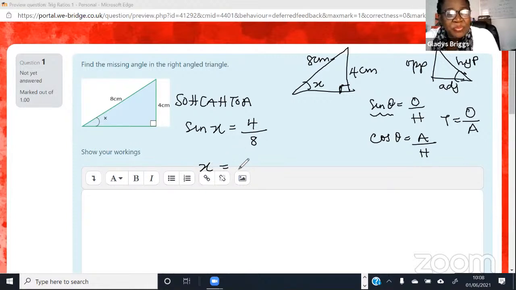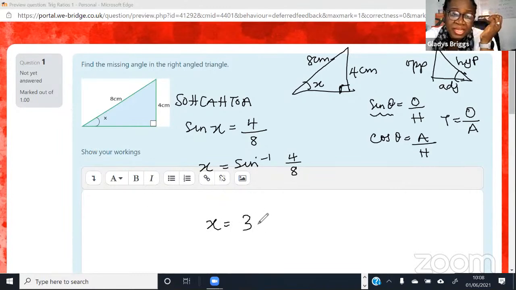So x would be equal to the inverse sine of 4 over 8. You need to throw that into your calculator. You press shift sine, and you put the fraction in, 4 over 8. And that's going to give you x to be equal to 30 degrees.